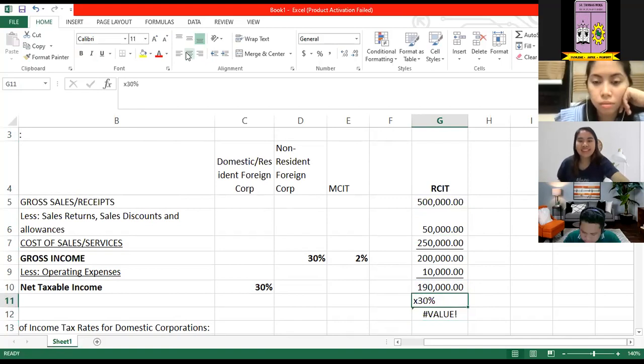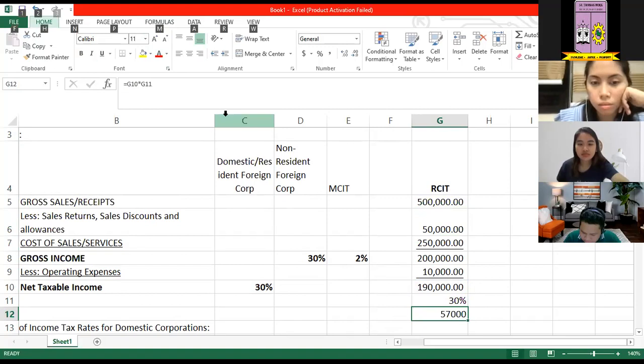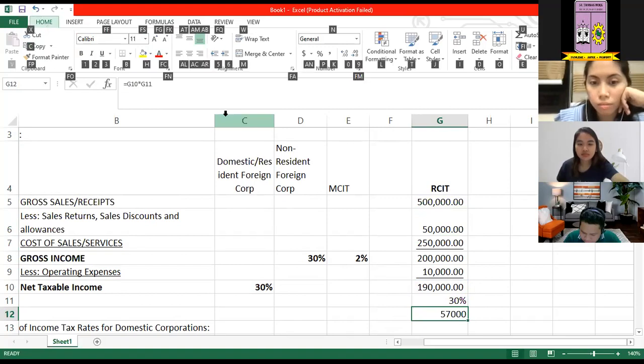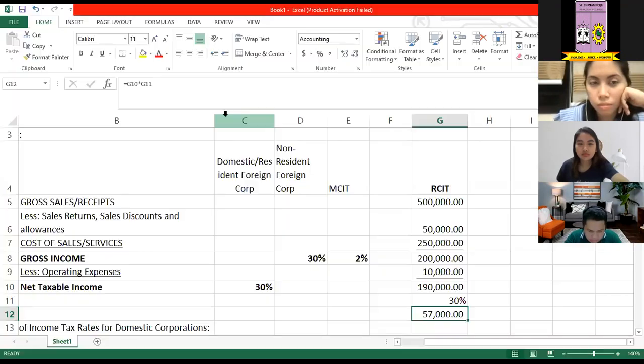Uy, walang value. Sorry. 30% lang. 57,000 normally yung tax na babayaran mo, di ba? Based sa ating computation. Yan yung tax due.